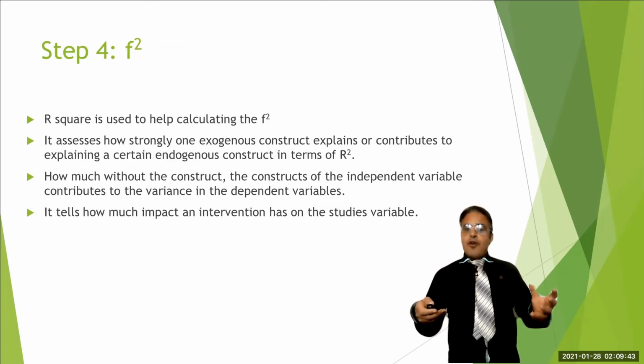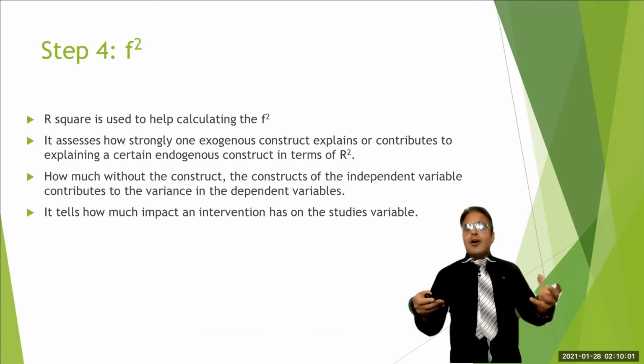In step number 4, we study the effect size, F-square. Usually, through R-square, we get the help to calculate F-square. And currently in SmartPLS, all of that is automatically calculated.